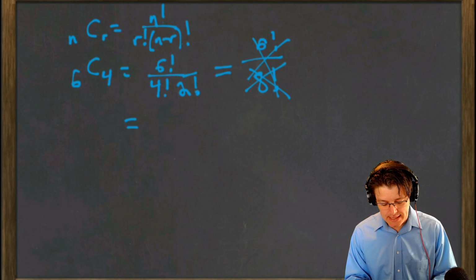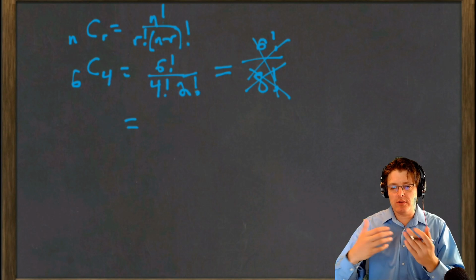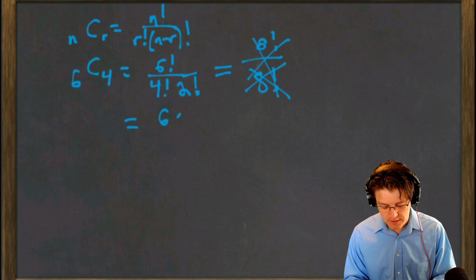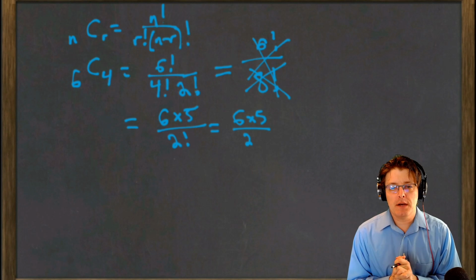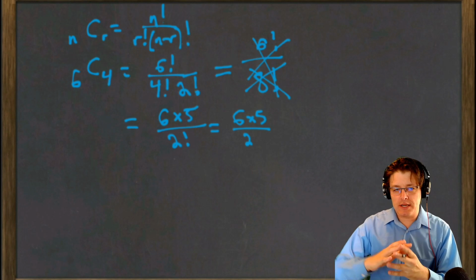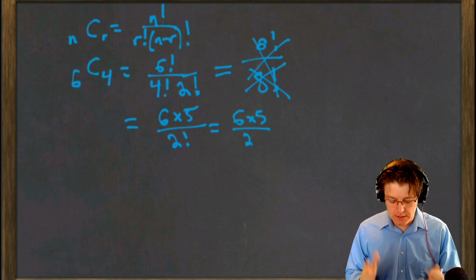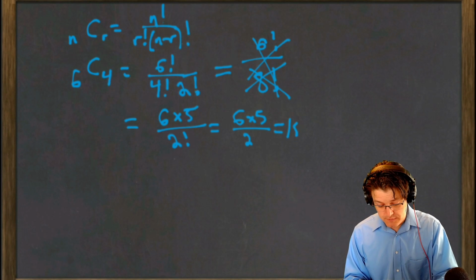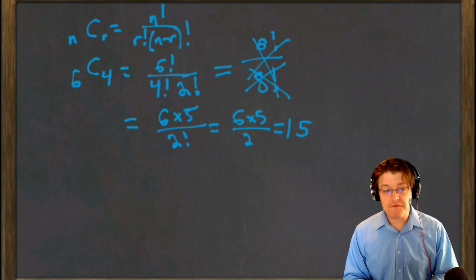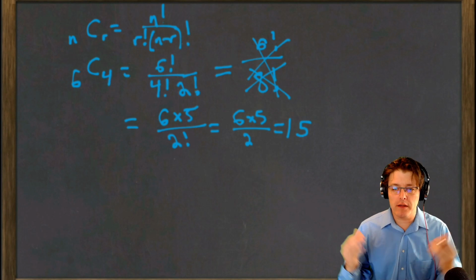we can cancel out and say 6 factorial divided by 4 factorial is just going to leave us with 6 times 5 over 2 factorial, which is 6 times 5 over 2, because that 4, 3, 2, 1 is going to cancel out the top 4, 3, 2, 1. So we are left with 15 different combinations of 4 colors each.